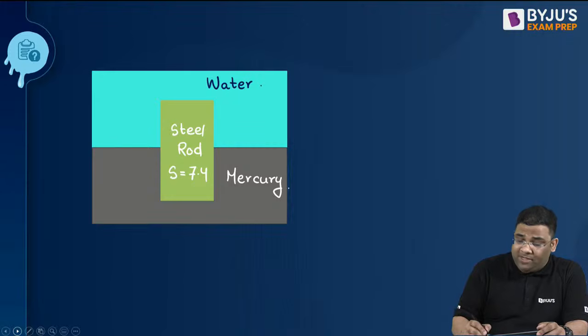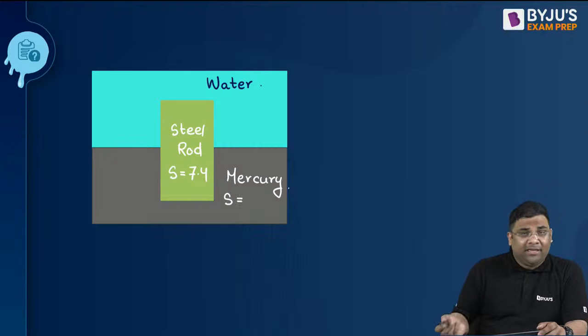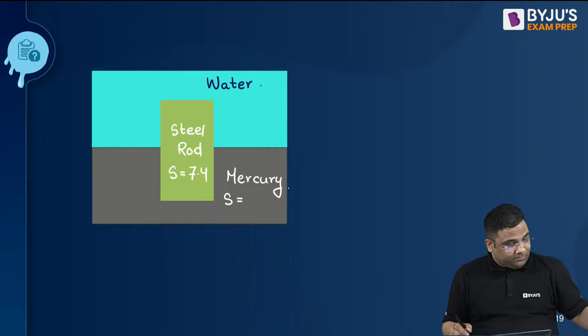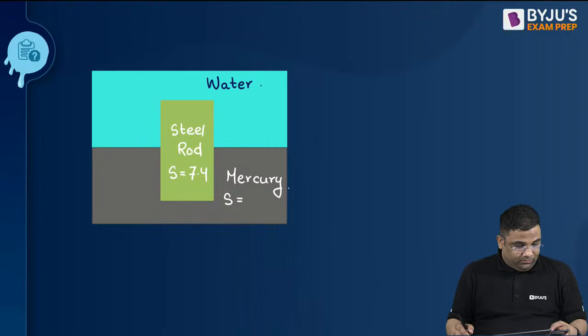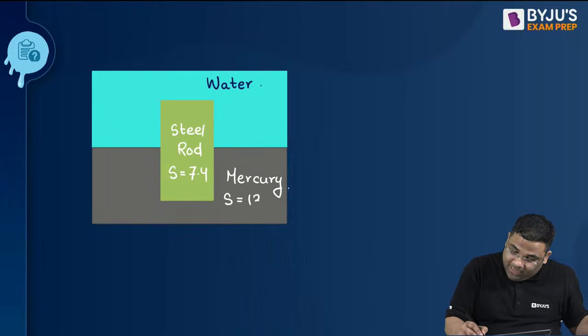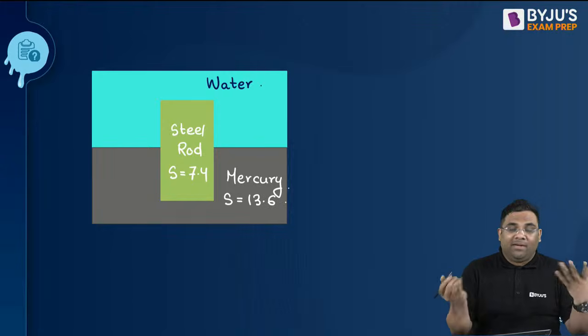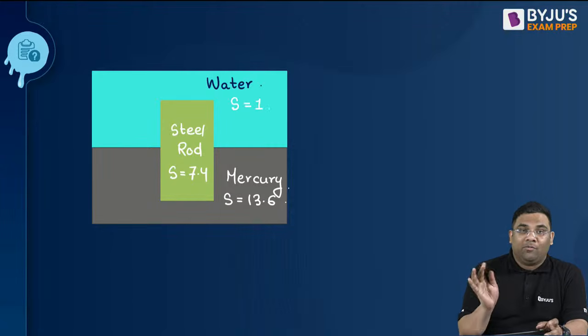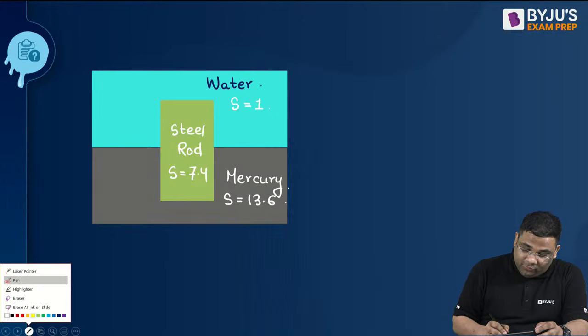And what is the specific gravity of mercury? They have not given it. That means they expect that you should know. It is 13.6, you should know this value. Sometimes they give it in the examination, sometimes they don't. And obviously water has a specific gravity of 1 only. Now how to solve this type of question?